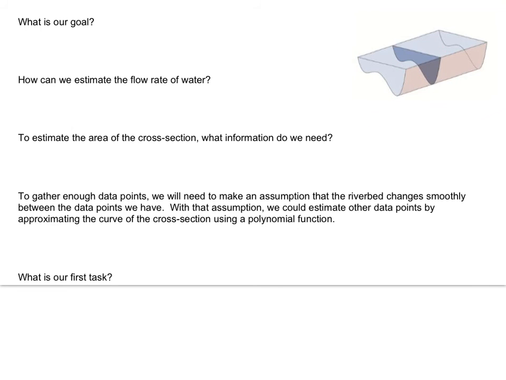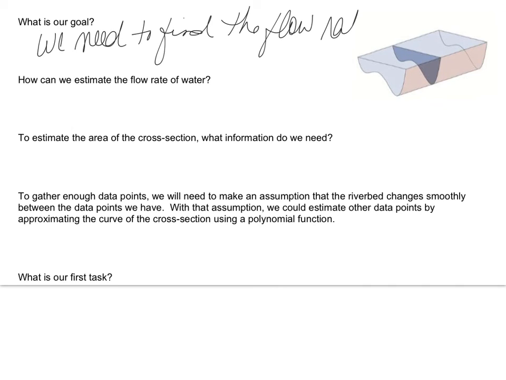All right, so what is our goal in this modeling exercise? Okay, what do you think the goal is? Reread the problem. What's it asking you to do? We need to find the flow rate of water through the riverbed.